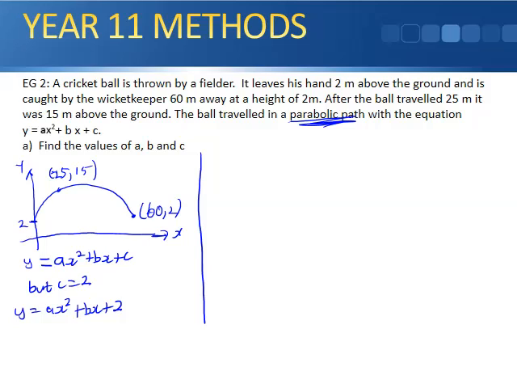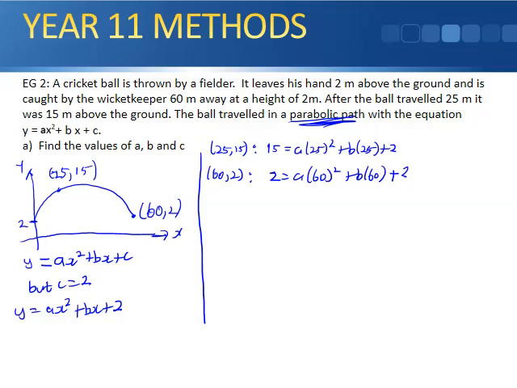I've got 2 points, 25 and 15, so I get 15 equals a times 25 squared plus b times 25 plus my 2, and 60 and 2 gives me 2 equals a times 60 squared plus b times 60 plus 2.